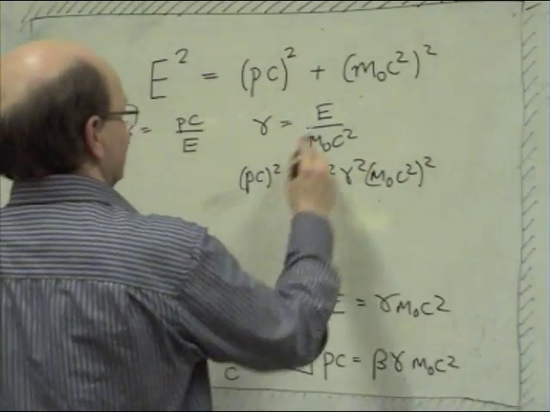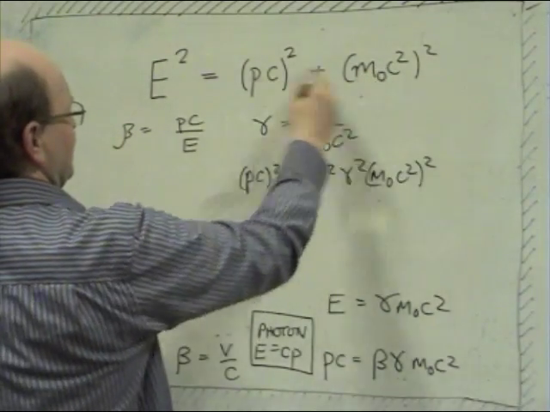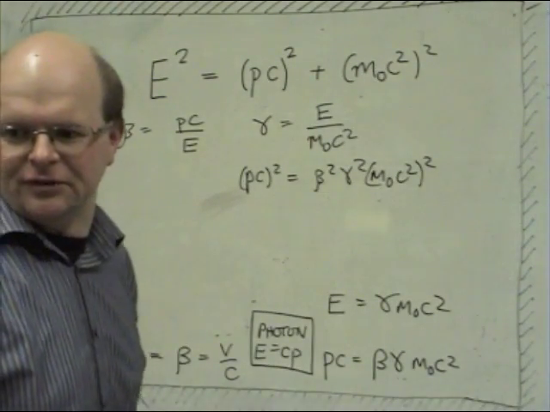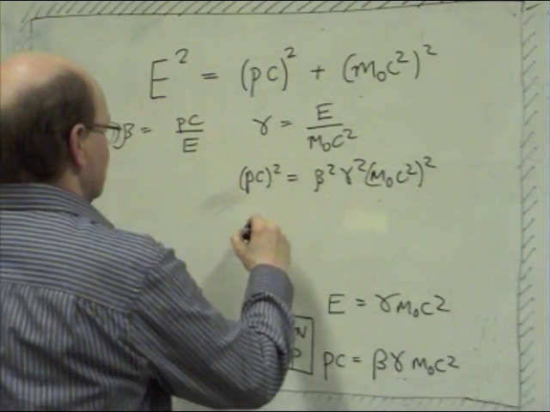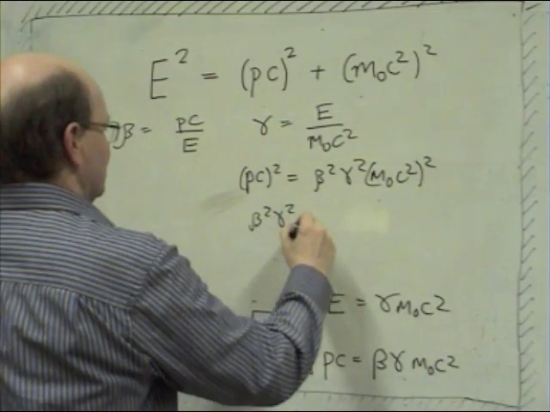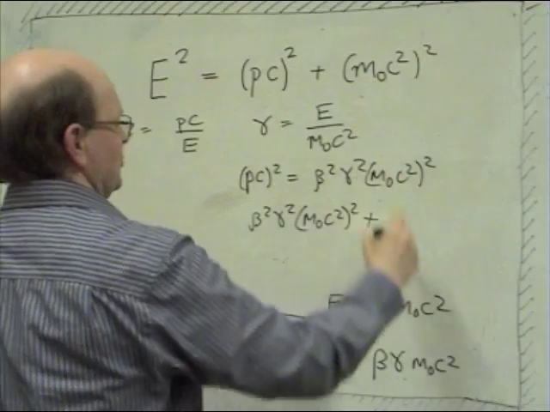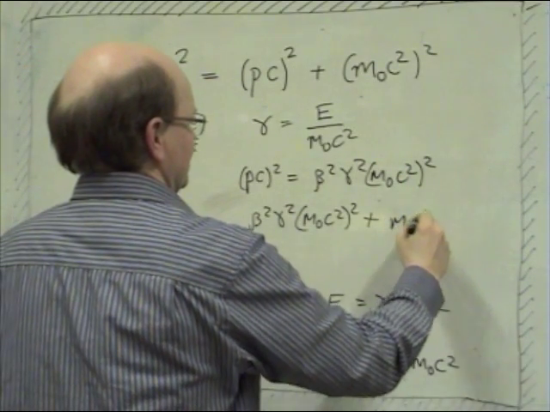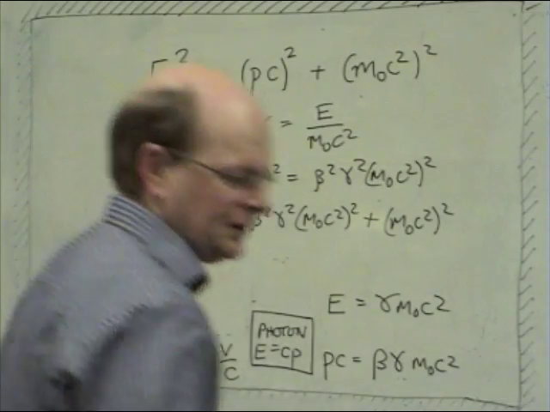So the right hand side of the energy momentum mass relation is equal to beta squared gamma squared m naught c squared all squared plus what's already there, m naught c squared all squared.